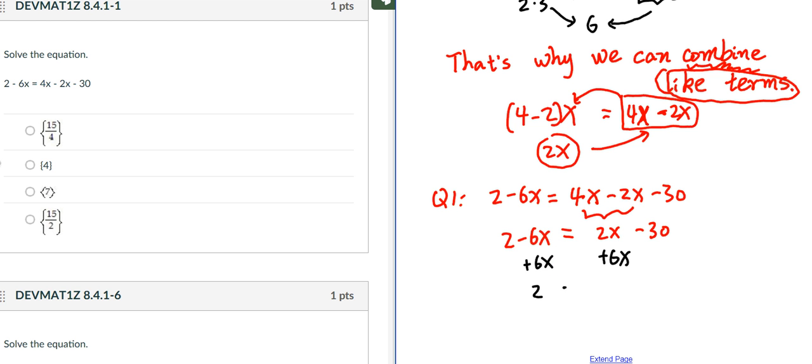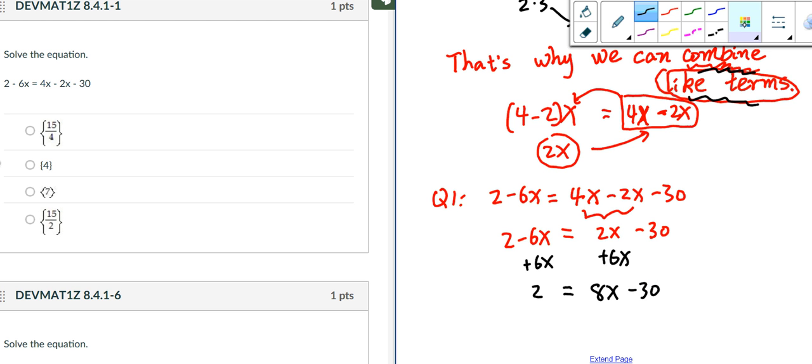On the left-hand side, we only have a 2 left. On the right-hand side, again, you combine like terms: 6 plus 2, so it will be 8x, and then minus 30.